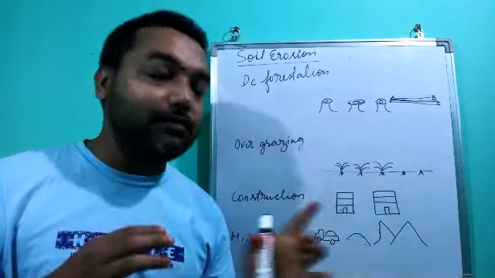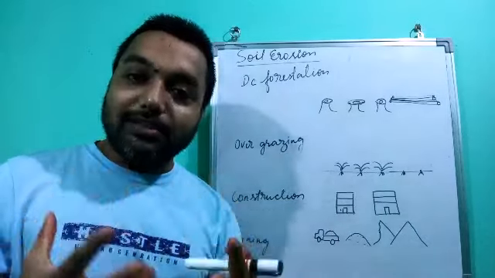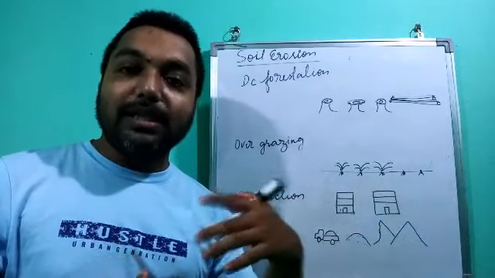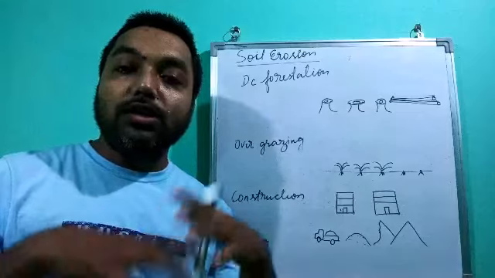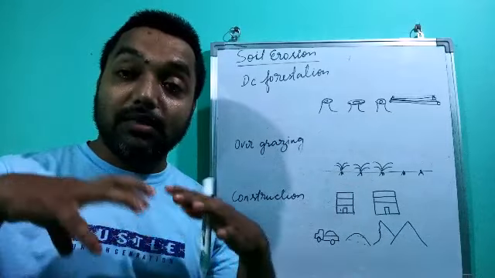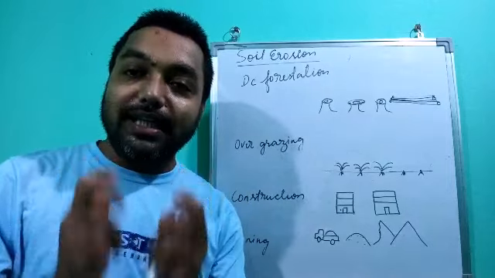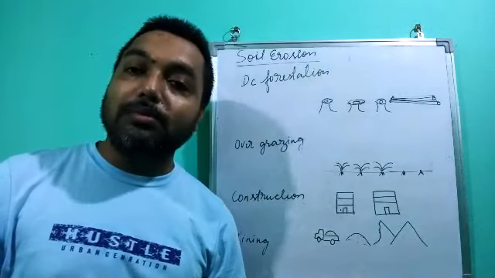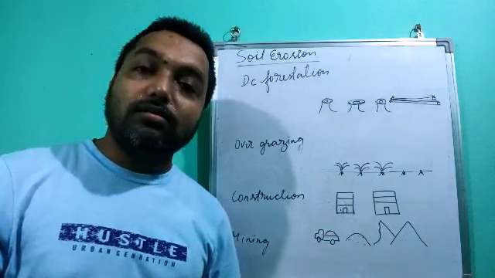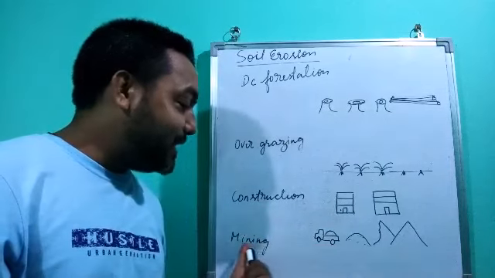Next is construction. For construction of different kinds of buildings, industries, roads, bridges, etc., a huge amount of soil is cut down, or mountains are cut down, and the soil is degraded. So there are different problems related to construction sites. Next is mining.